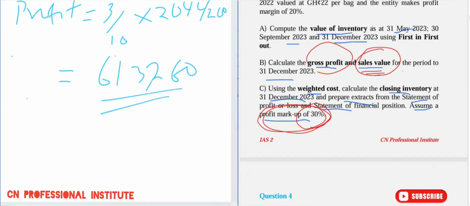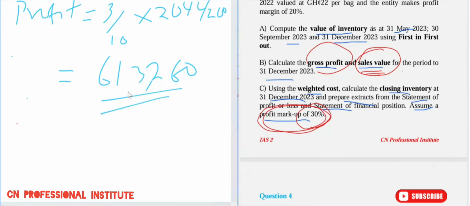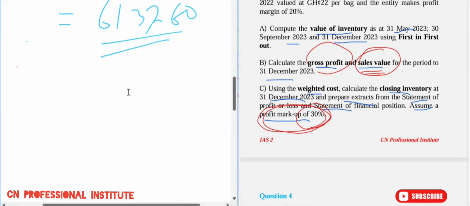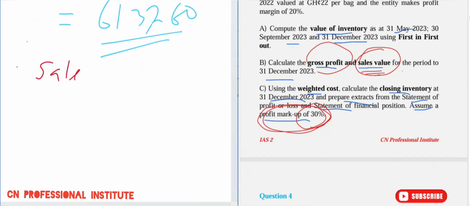Then our extract. So let's do our extract, which is almost the same thing we've been doing, right? We have to bring our selling price or our sales revenue, and our selling price will be the cost price plus profit.